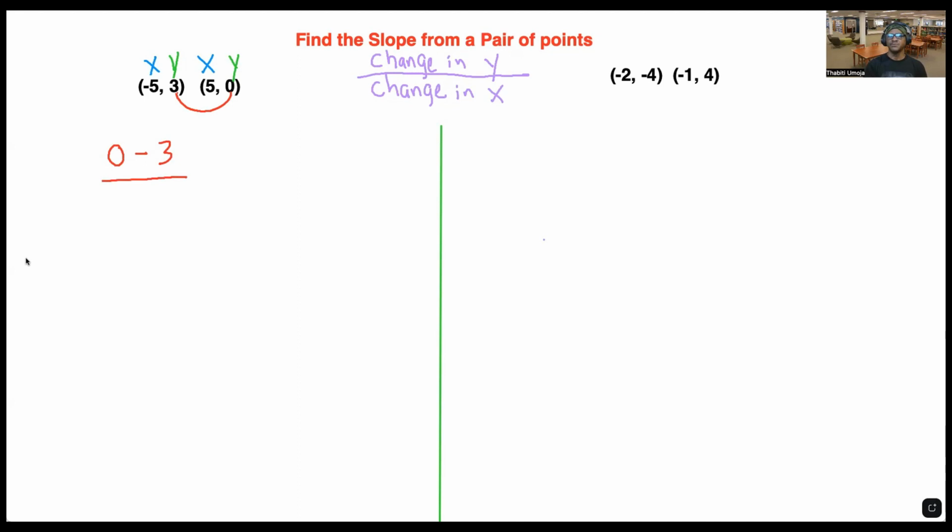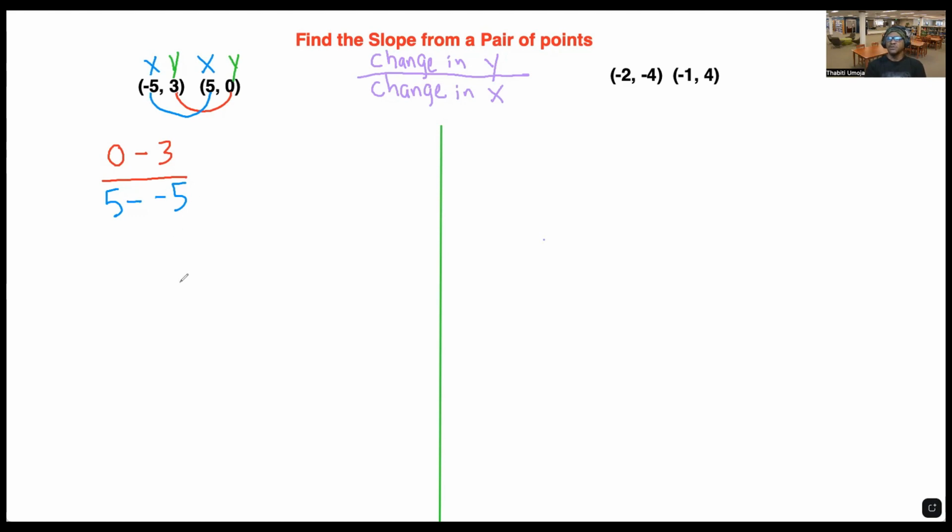For the bottom, same thing. The 5 comes first, and then minus -5. This is where some people make a mistake. You always have to put the minus symbol there. 5 minus, and then there's a -5, so that's a double negative. That's where a lot of people made a mistake on some of their assignments and tests.